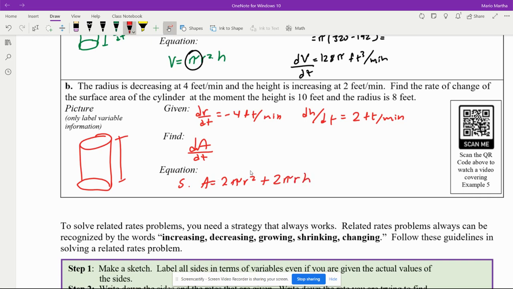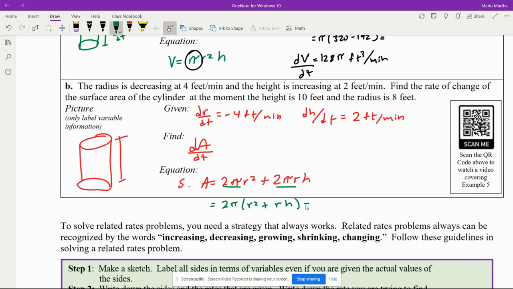All right. So we want to find our derivative from there. If you notice, you can factor out a 2 pi out of both of these. So let's do that. Maybe that'll make things simpler. So 2 pi times r squared plus r times h.